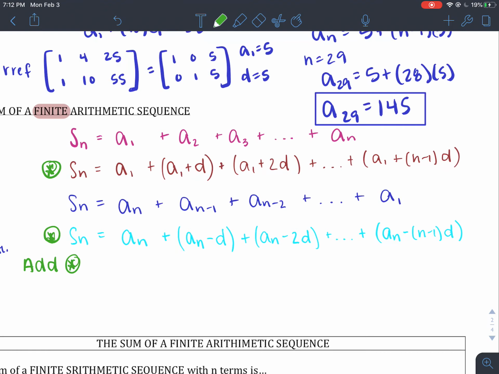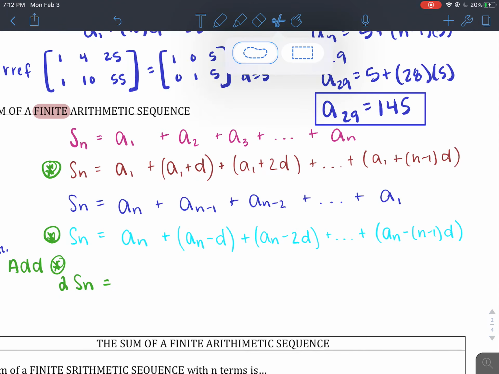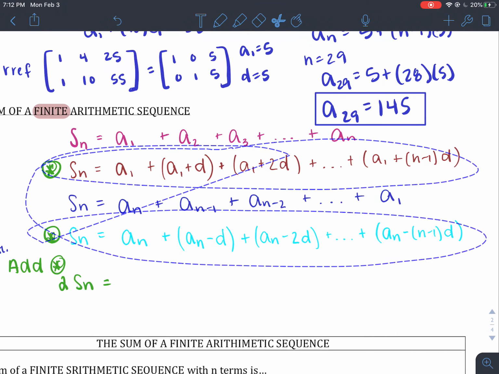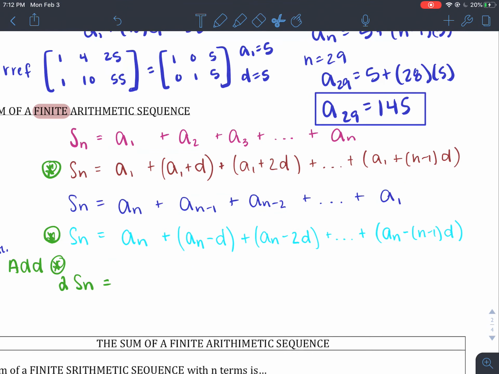If I add the left sides, I have an s sub n plus an s sub n, so that's 2s sub n. I'm going to slide this over just a little bit so I can keep my ordering the same. Again, I'm adding this equation with this equation, and all we're going to do is go term by term. The first two give me a sub 1 plus a sub n.